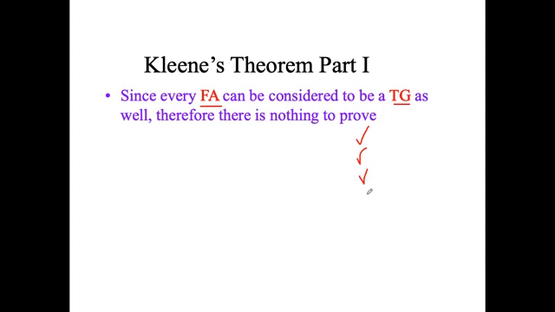So again, it's a relaxation. If we do not use this relaxation, we have basically an FA. So actually, every FA is considered as a transition graph. Therefore, we don't need to prove anything, and this theorem part is done.